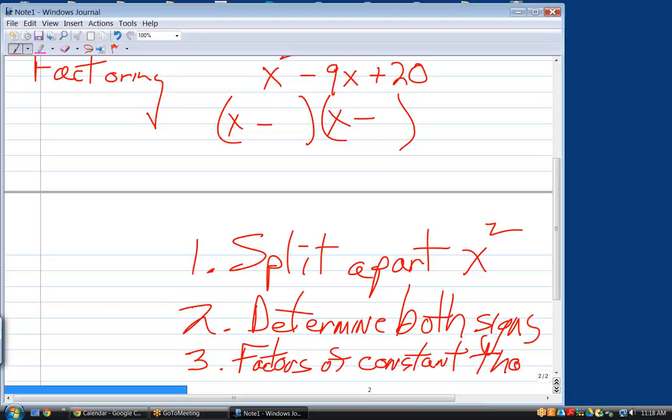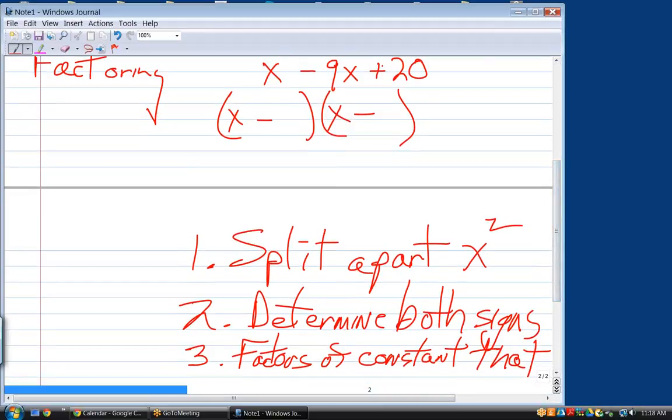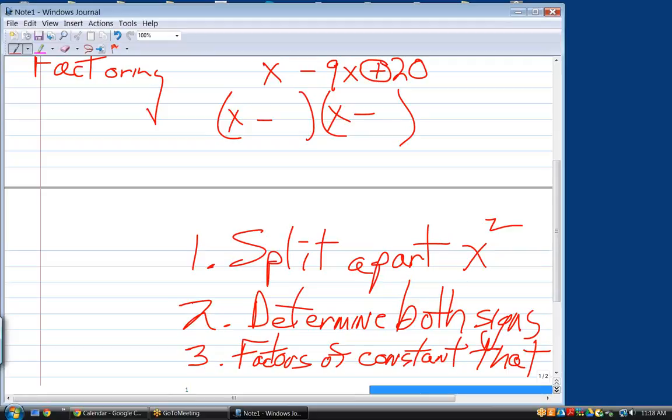They're either going to add or subtract what? Based on this, they have to add, because that's a plus sign. So factors of the constant that add to what?